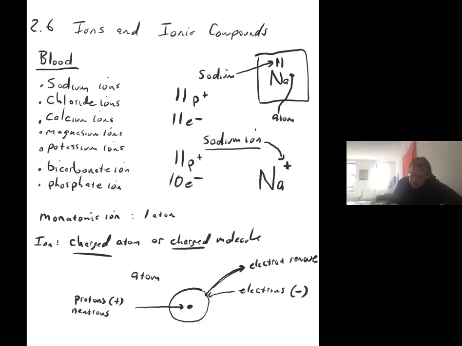Now, this happens all throughout the periodic table. Almost all atoms have the ability to form ions. And there are patterns to them. And so let me show you what the first pattern is.